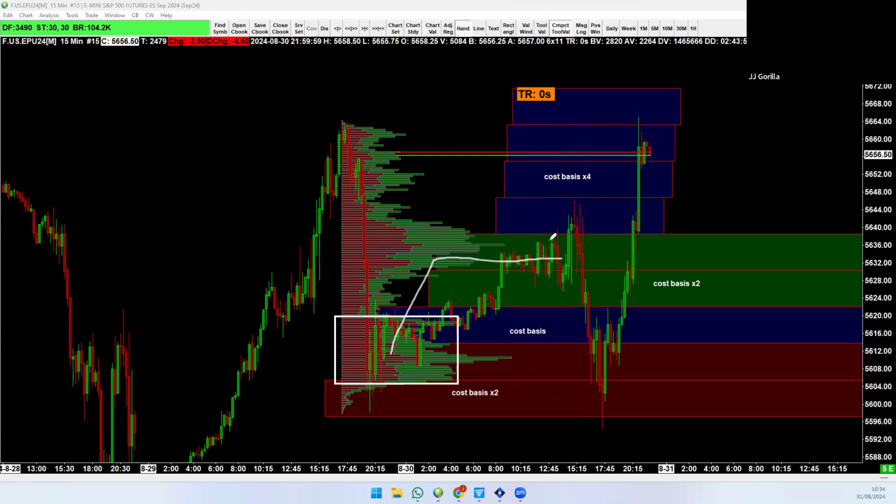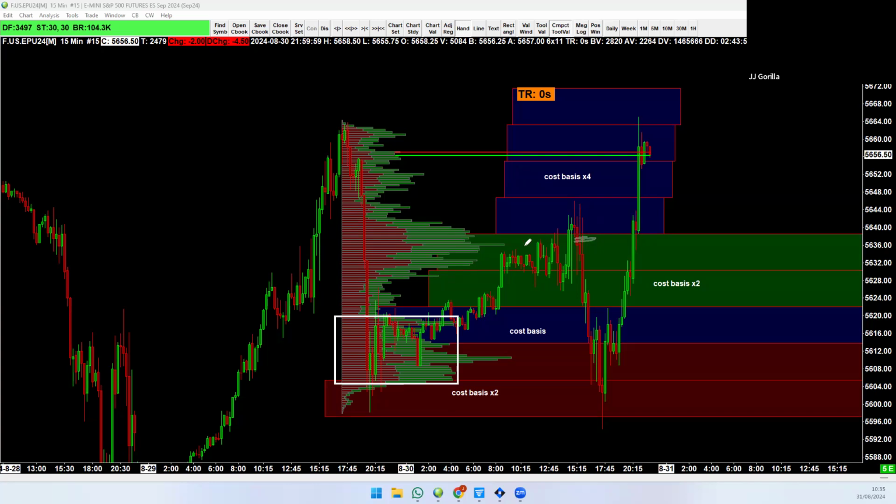Now, we did a little look above and fail of whatever this level is, 56.37. So a lot of people would have tried to short this on the 15-minute, which is a little harder to do. If you break it down to a 5 and 1 minute, you'll be able to see that level and put a look above and fail trade together.